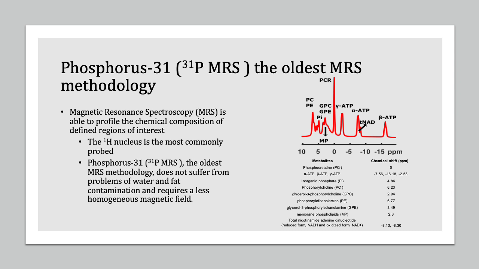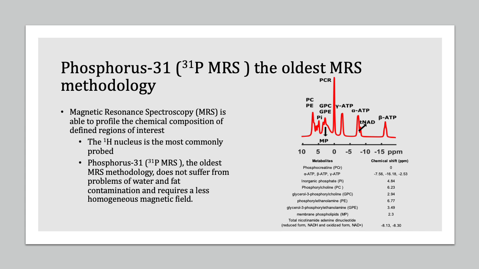As we all know, spectroscopy is able to profile the chemical composition of a defined region of interest. Since our body is full of hydrogen atoms, it is the most commonly used nucleus for spectroscopic approaches.